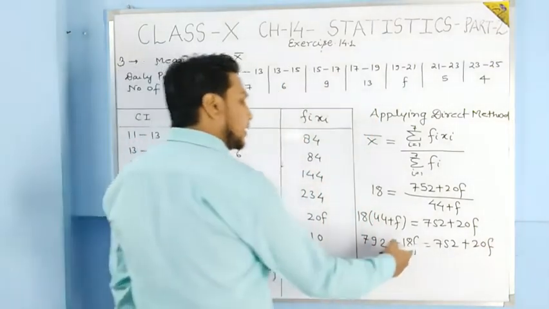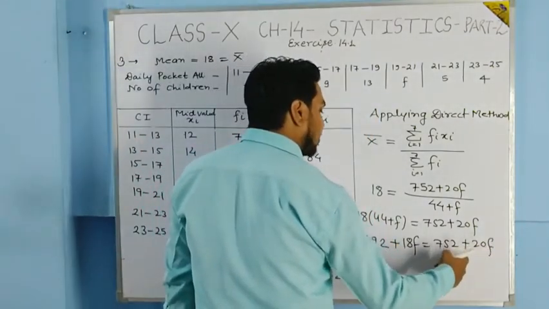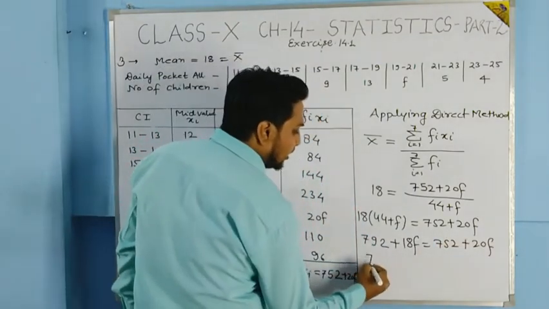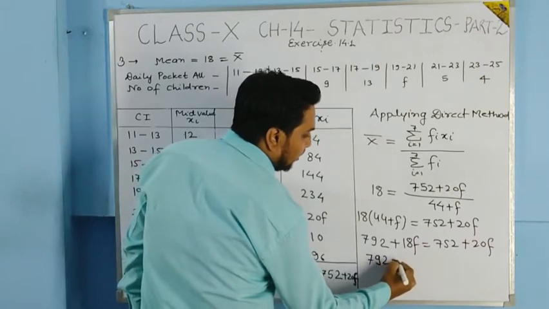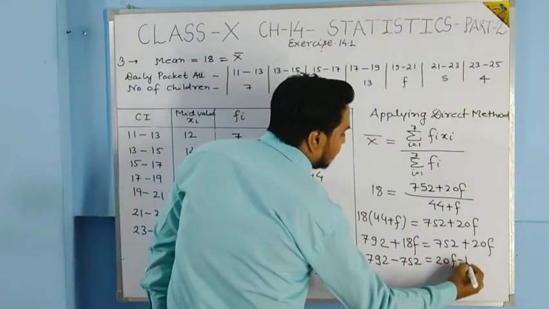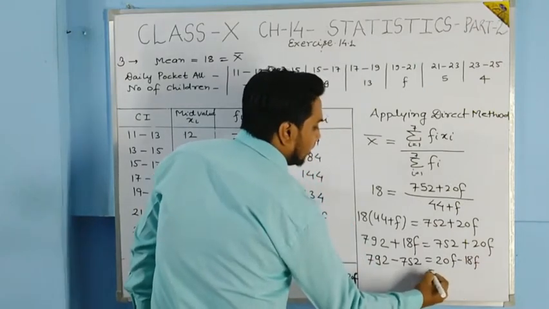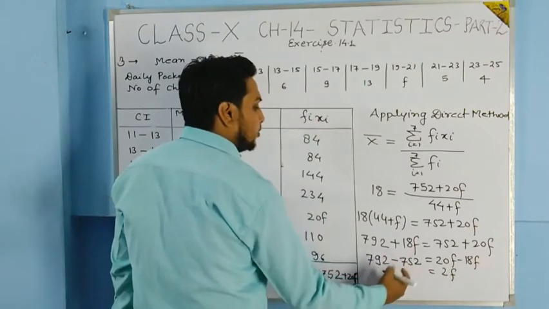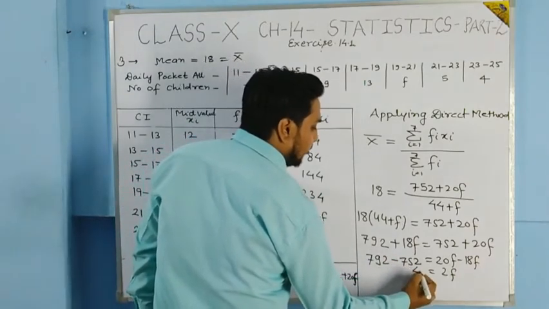Now this 18F will be shifted to the right hand side and this 752 shifted to the left hand side. So 792 minus 752 is equal to 20F minus 18F. So 20F minus 18F is 2F, and 792 minus 752 is 40.